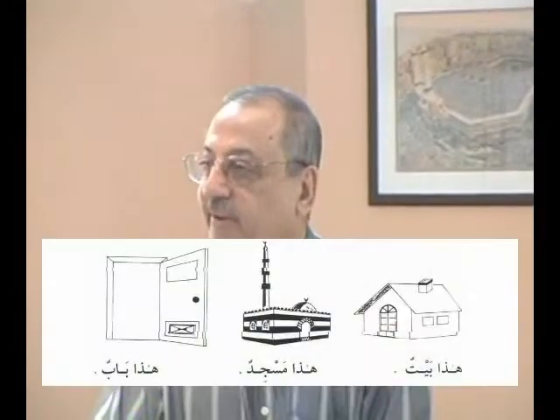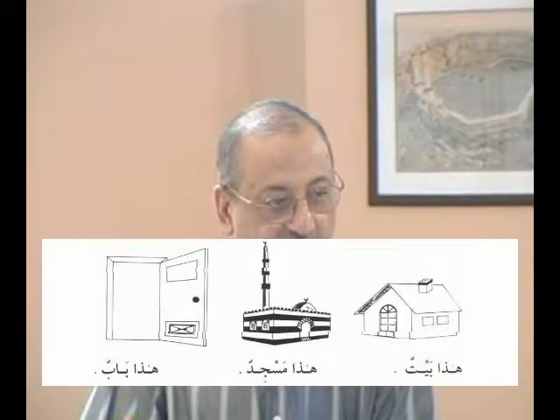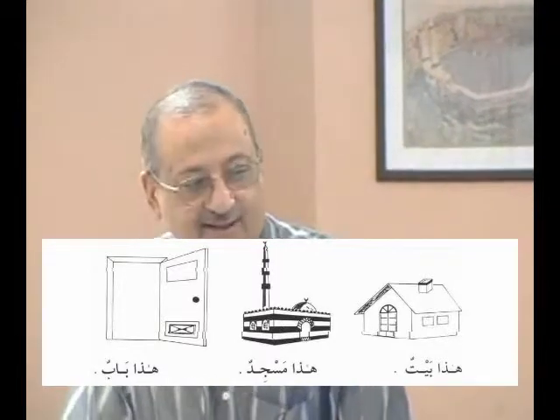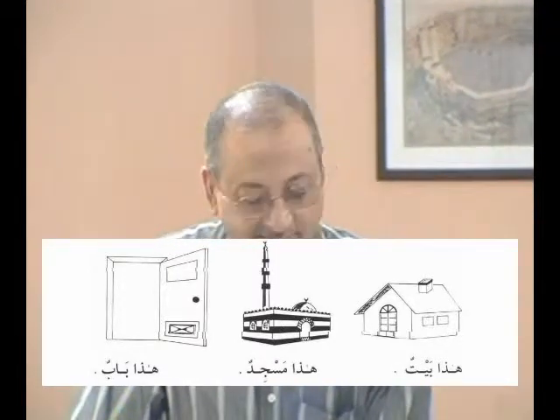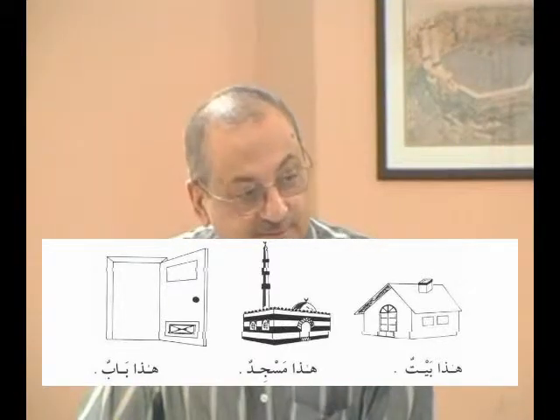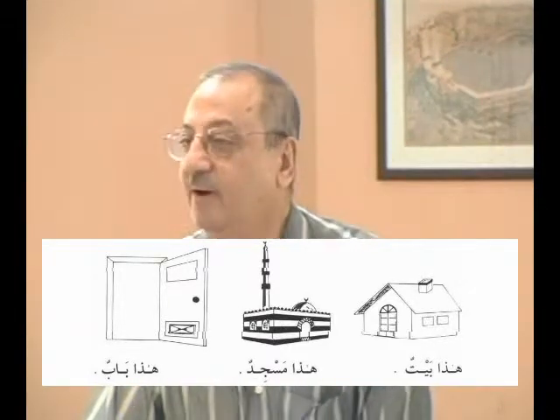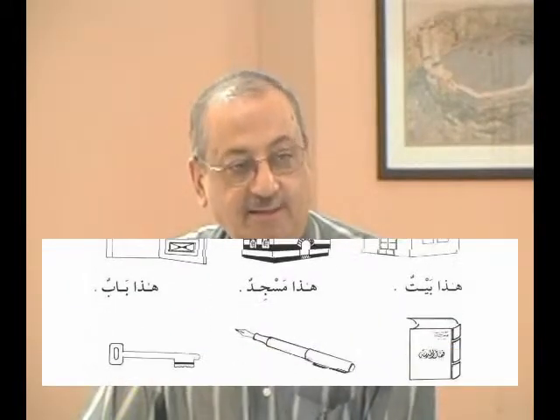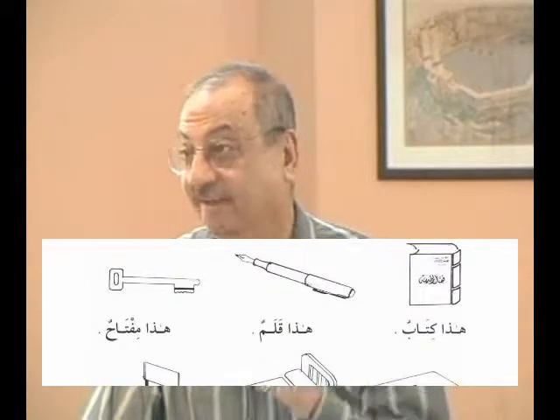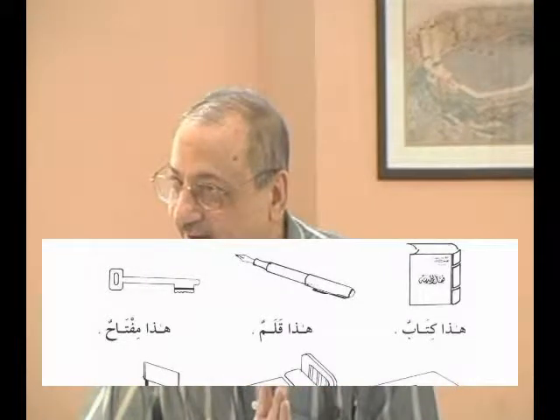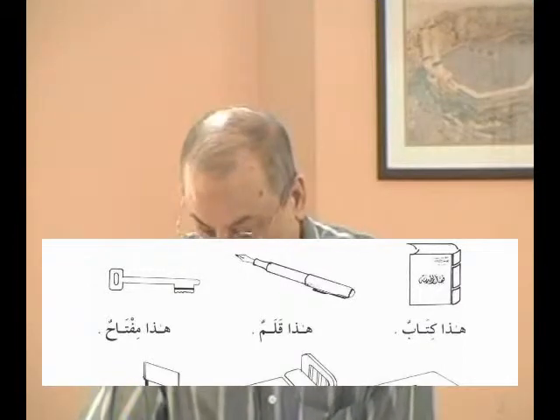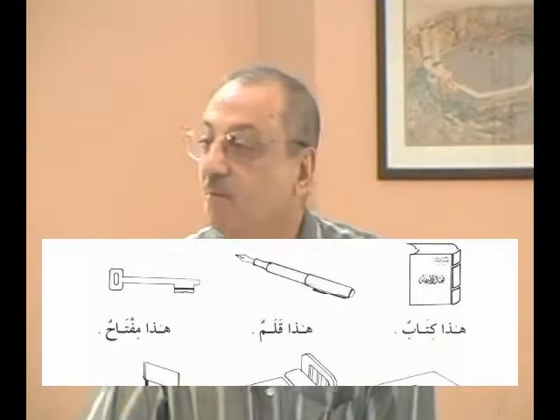So the first picture says Haza Baitun. What is the next one, brother? Haza Masjidun. And the next word? Haza Babun. Haza Kitabun. You will have to say bun properly. Remember, dun dan din. Haza Qalamun.